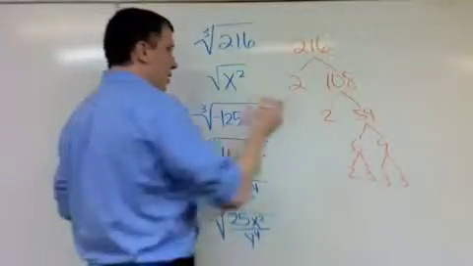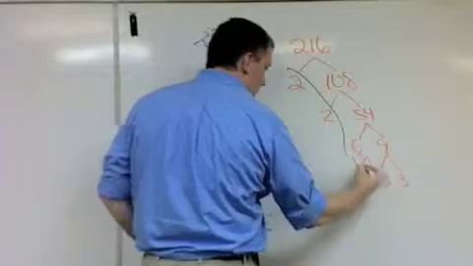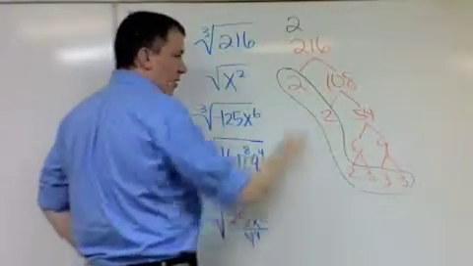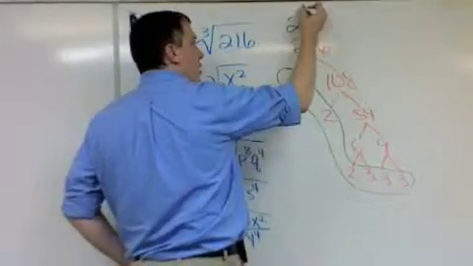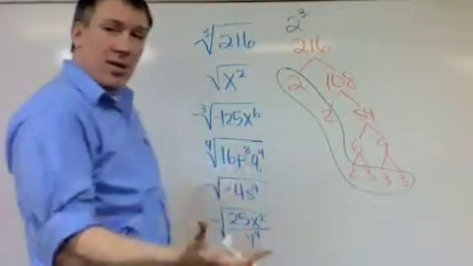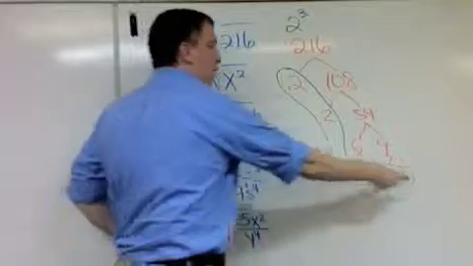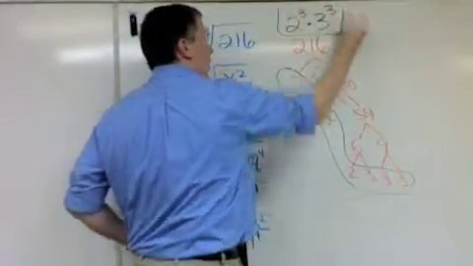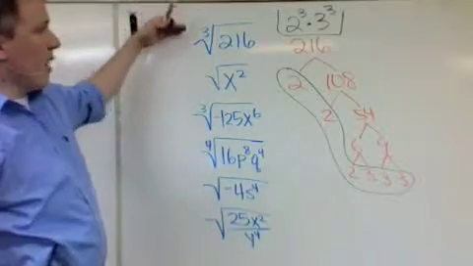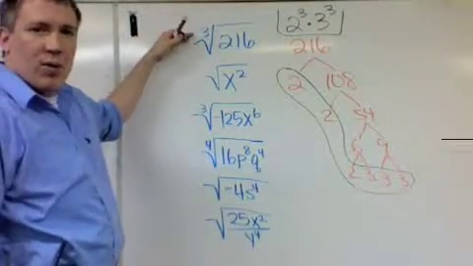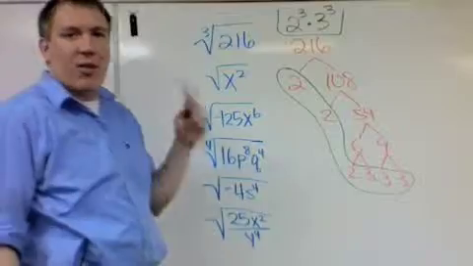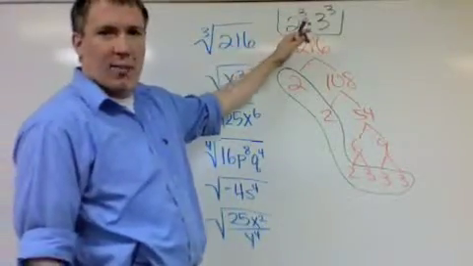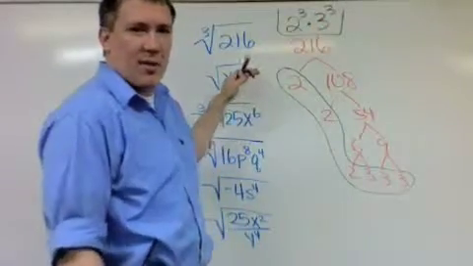I know you've done this. If I look at it, this is 2 times itself 3 times, 2 times 2 times 2, which is 2 cubed, right? 2 times itself 3 times, and 3 times itself 3 times. Well, if I'm asking what's the cube root, or in other words, what number times itself 3 times equals this number, well, 2 times itself 3 times, and 3 times itself 3 times is this number.